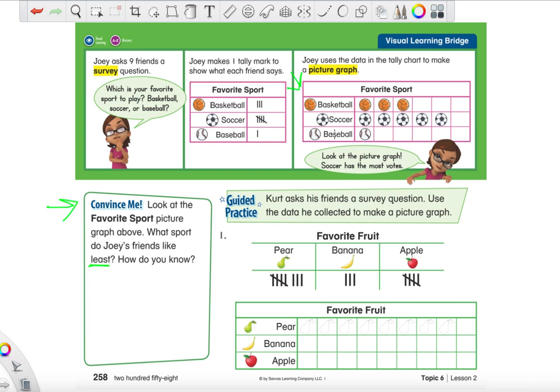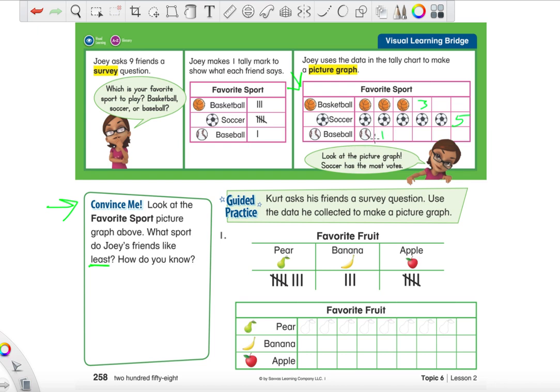Or if you don't need me to tell you that least means smallest, well then which one has the least? Well, we see that there are 3 votes for basketball. 1, 2, 3. So you got 3 up here. For soccer, we have 1, 2, 3, 4, 5. And baseball just has 1. So which number is the smallest?